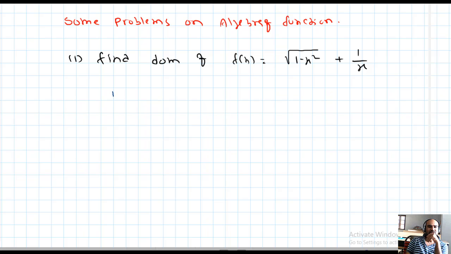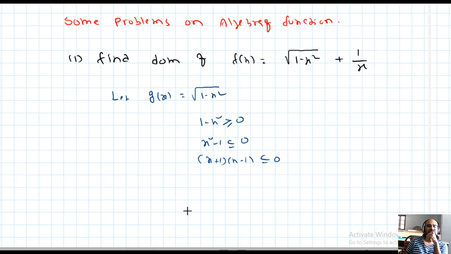Let g of x be root over 1 minus x square. For this to be defined, 1 minus x square should be greater than or equal to 0, or x square minus 1 should be less than or equal to 0, or (x plus 1)(x minus 1) should be less than or equal to 0.